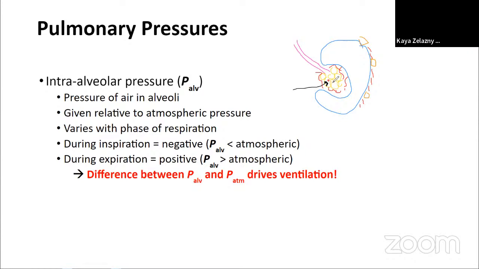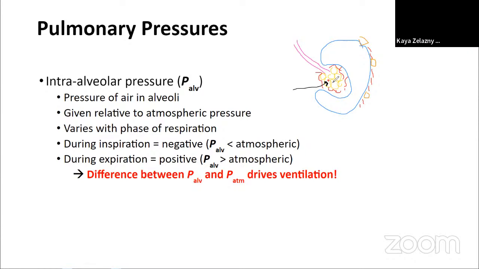So this is going to vary with our phases of respiration because the alveoli are going to be changing size, therefore changing pressure, and we're going to have the movement of air into our lungs and out of our lungs. So all of this is going to change intraalveolar pressure.